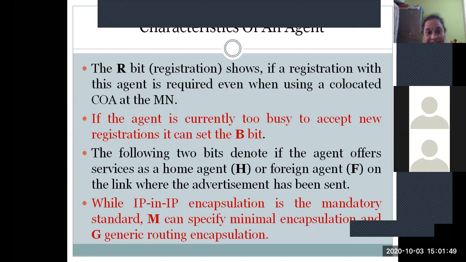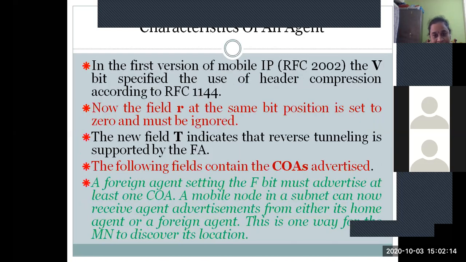Depending upon the encapsulation procedure, it is going to follow either M or G. If M is enabled, it specifies that the minimal encapsulation procedure is followed from the router to the particular user. Otherwise, if G is enabled, it indicates that generic routing encapsulation is followed by the router between the communicating nodes, right? These are all the bits.